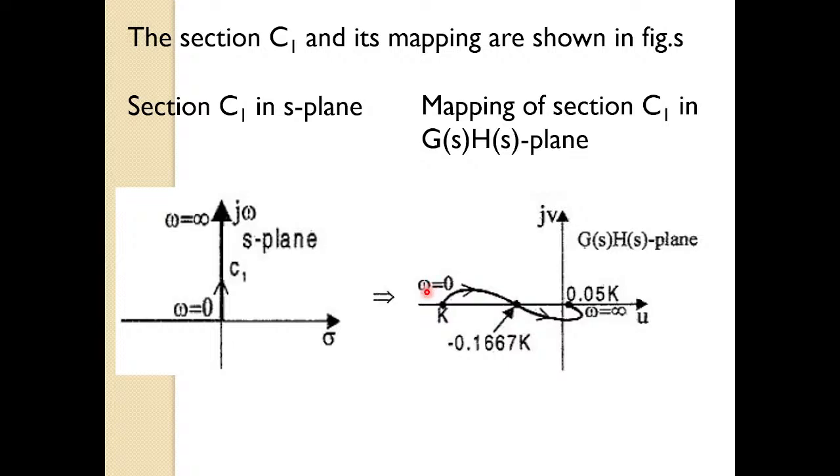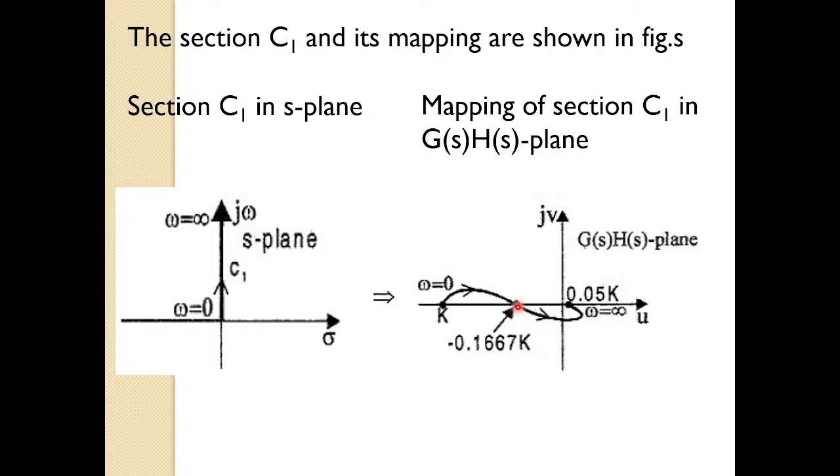And we know the polar plot starts at omega equal to 0 and ends at omega tends to infinity. So you just look at some point and start your plot, and that plot should reach this point. It should pass through the intersection point, this is our intersection point on the real axis.